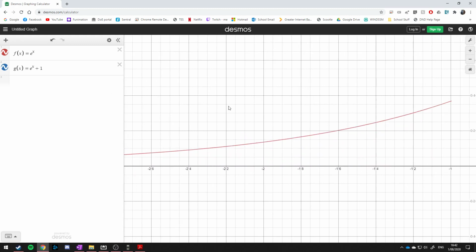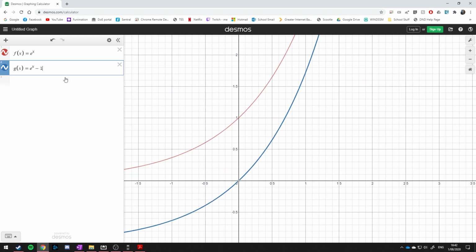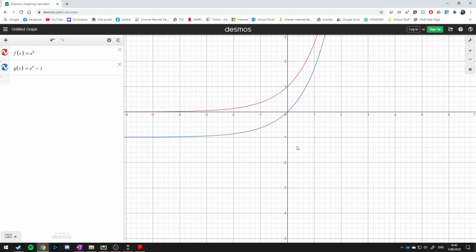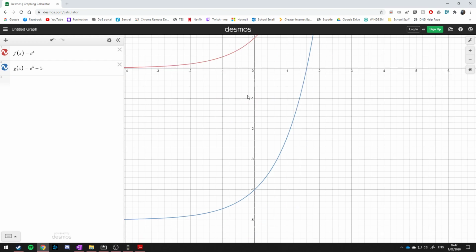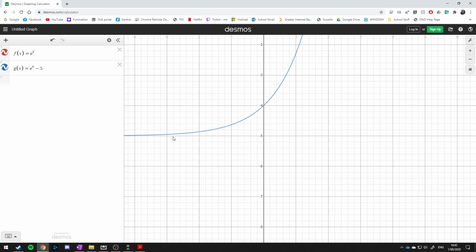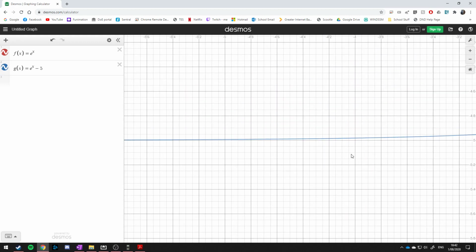So when you add or subtract values, so if I subtract 1, moving it down 1 instead, the asymptote also gets shifted by that same amount. If I move it up 1, then the whole asymptote and all of the function gets moved up 1. And if I shift it 1 down, or 2 down, or 5 down, or however far, that asymptote also follows. You can see the asymptote follows there too.